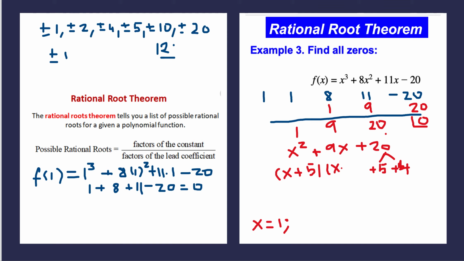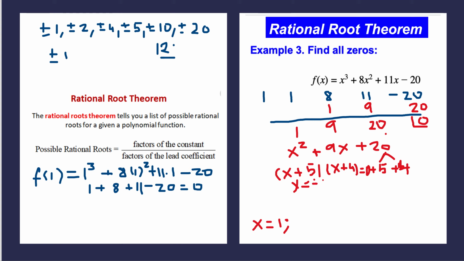Now x plus 4 is equal to 0. If I'm looking for the solution of x plus 5, the solution is minus 5, the opposite of the factor.